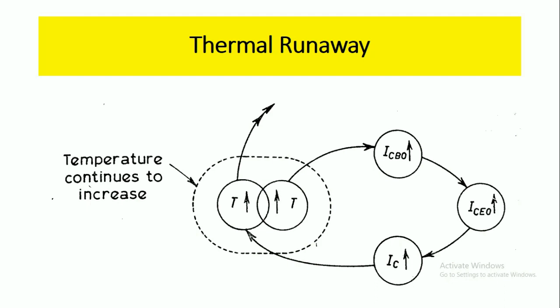When the temperature T increases, then again ICB0 increases, ICE0 increases, again IC increases. So this is a cumulative process. And finally the junction temperature, that is the collector to base junction temperature, will increase to a very high value, so that the transistor will be burned out. So generally we can call it a thermal runaway.